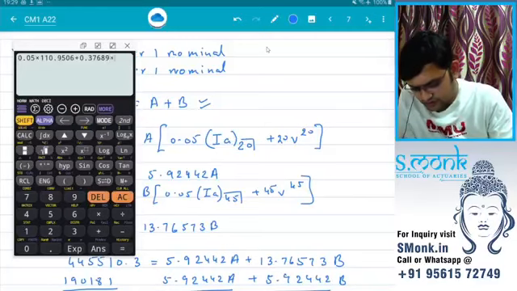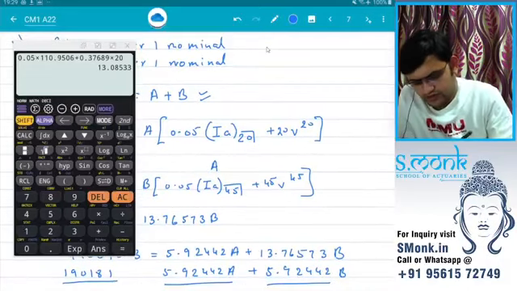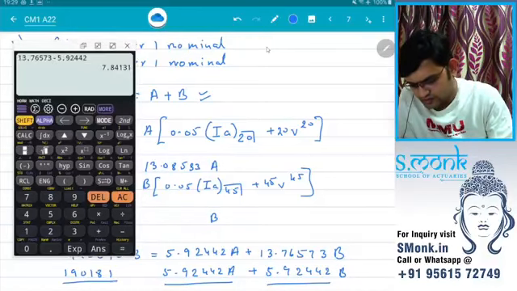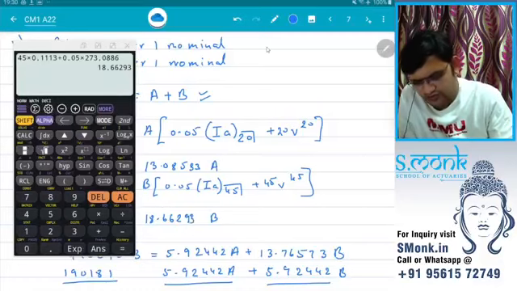Here I'll multiply 20, and this would be 13.08533, and here, next equation, I need to multiply 45, and we'll have 18.66293.